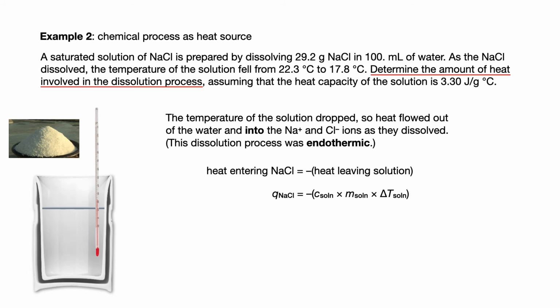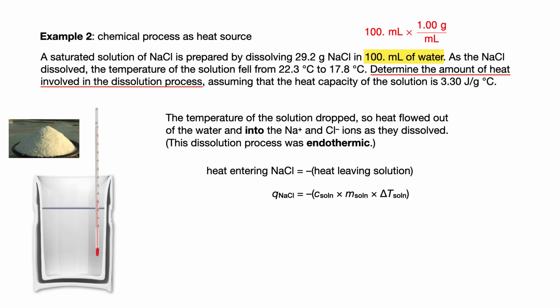So we have the heat capacity of the solution times the mass of the solution in grams times the temperature change for the solution. The heat capacity of the solution that was given to us, that was 3.30 joules per gram degrees Celsius. The temperature change is going to be the difference between 17.8 degrees Celsius minus our initial temperature of 22.3 degrees Celsius. The mass of the solution we're going to find again from the volume of water using the density.